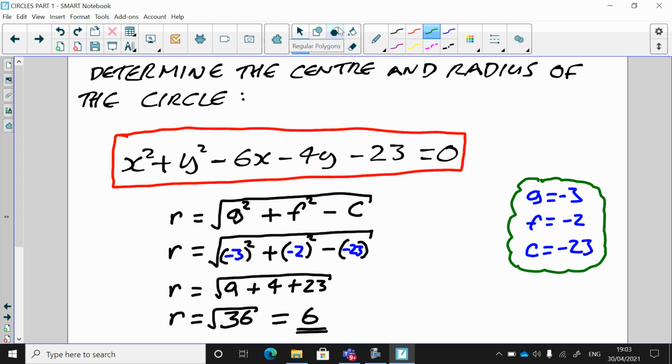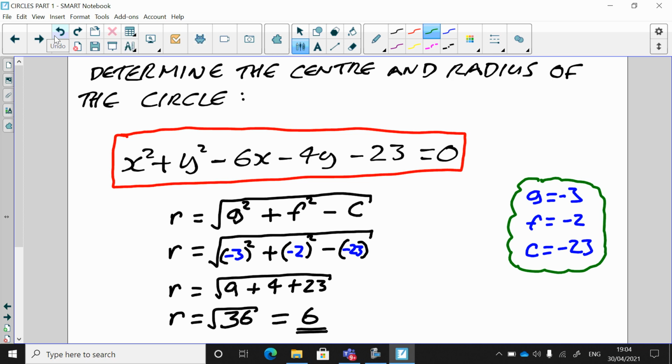That's fine. So I've got that answer there. So I'm just coming back, folks. That's the radius, that's fine.